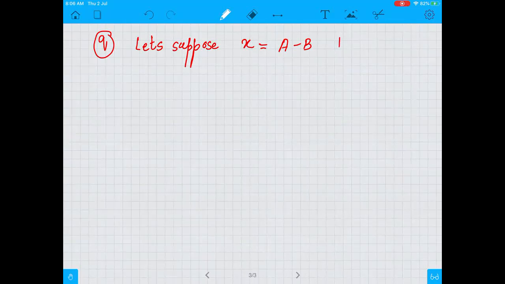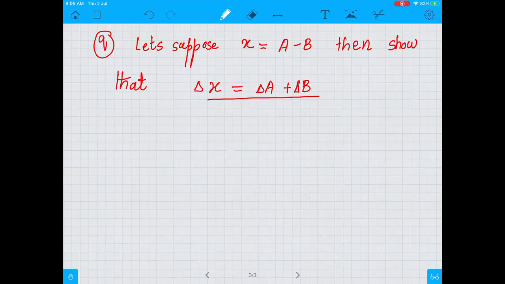And what you have to do then is show that delta x is equal to delta a plus delta b. So basically the simplest form of the formula is that if the values are subtracted, the uncertainties are still added.